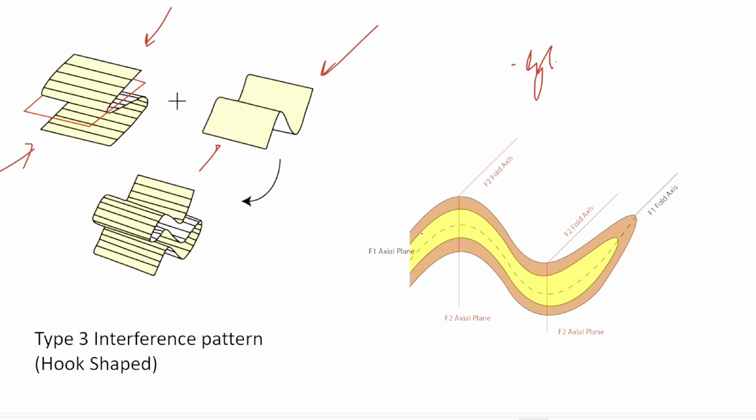But the axial plane traces are curved, so it is a non-planar cylindrical fold. It is a type 3 pattern, and we call it hook shape.